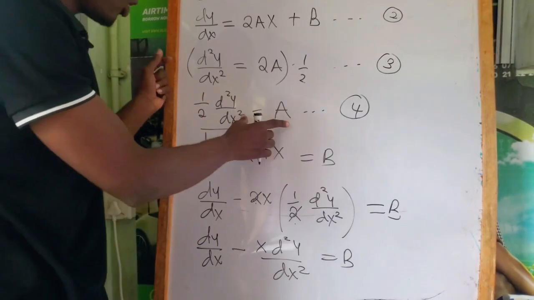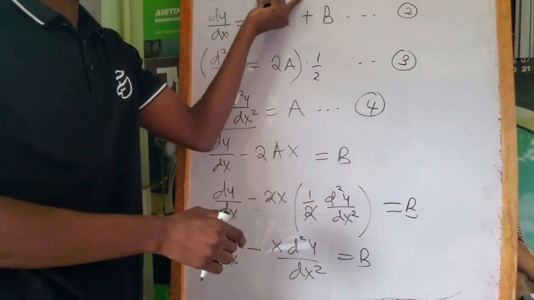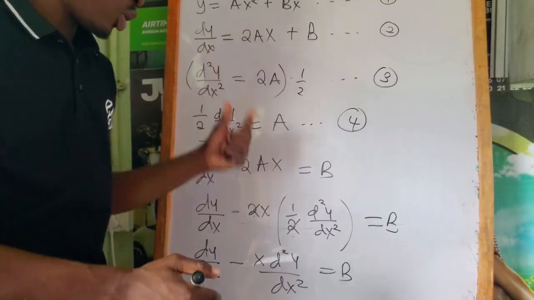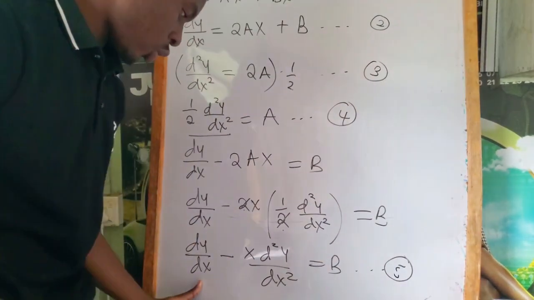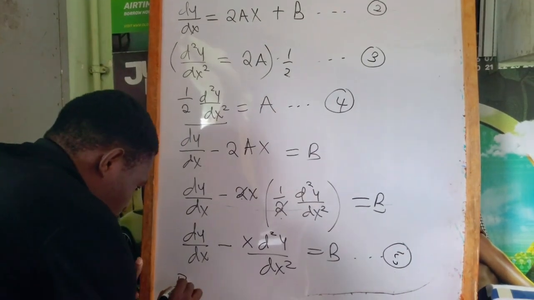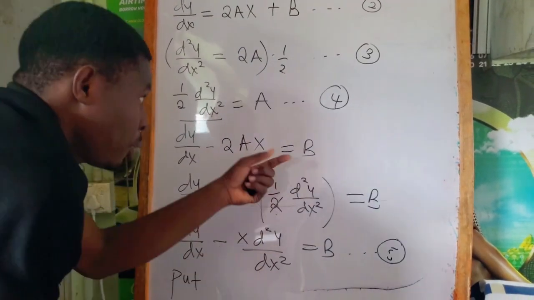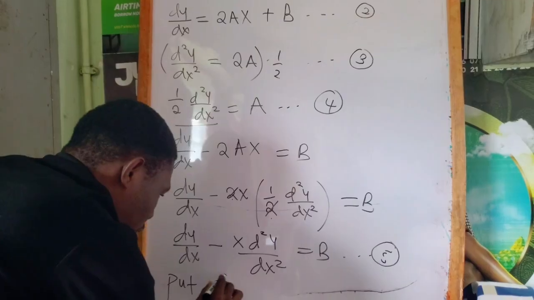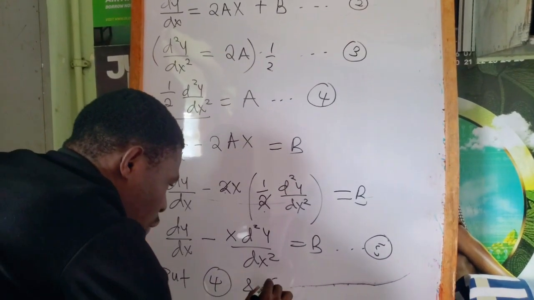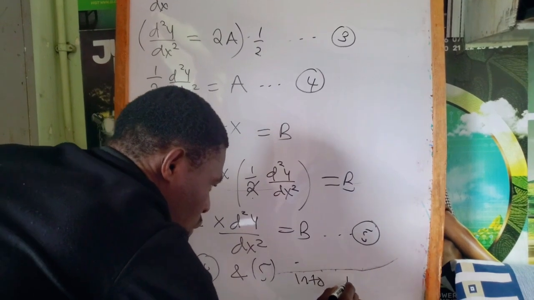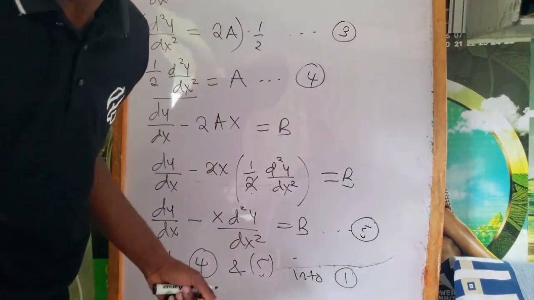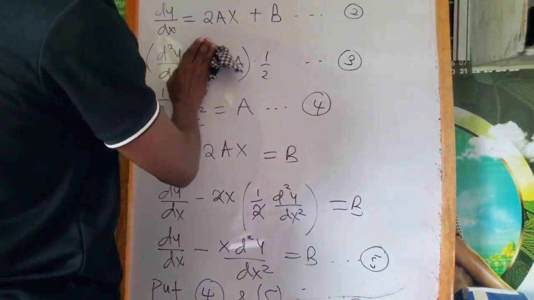We have to take all of them and put them back into the original equation, that is equation 1. So let's call this equation 5, right? So we are going to put equation 4 and equation 5 into equation 1. All right, so let's do that quickly.